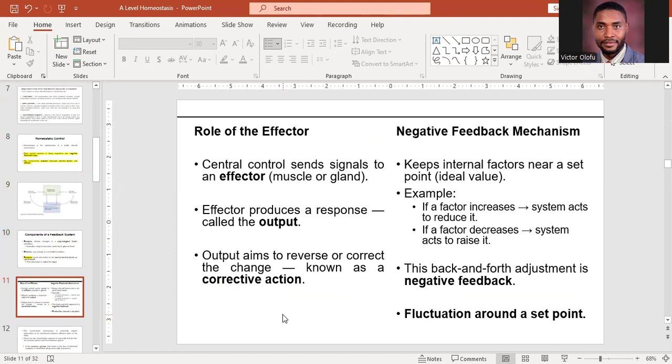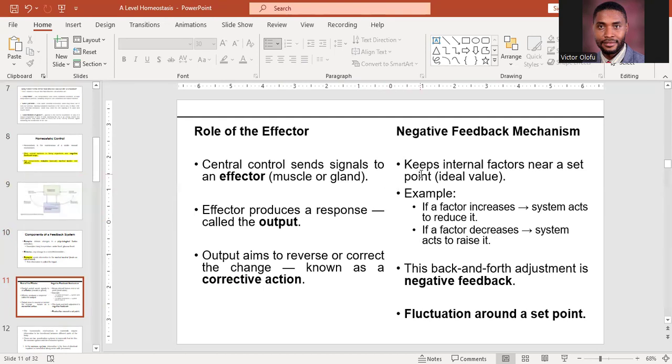For example, if the blood sugar is high, then insulin, produced by the pancreas, will help in the conversion of this blood sugar, that is glucose, into glycogen. So you can see the effectors now. It starts from the sensors or the receptors to the central control, that is the brain, then to the effectors. Sensors or receptors pick it up, and effectors do the final job.